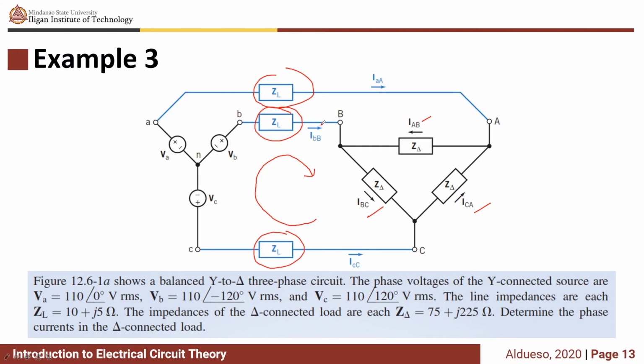So IAB is still unknown, IBC is still unknown, and ICA is still unknown. So the best way for this example is to use the per phase analysis, meaning we need to transform the circuit into Y to Y.